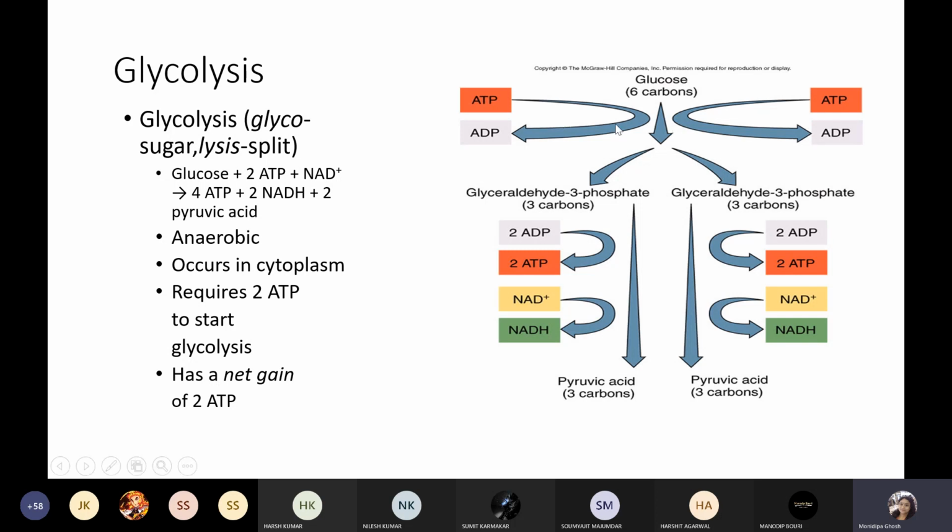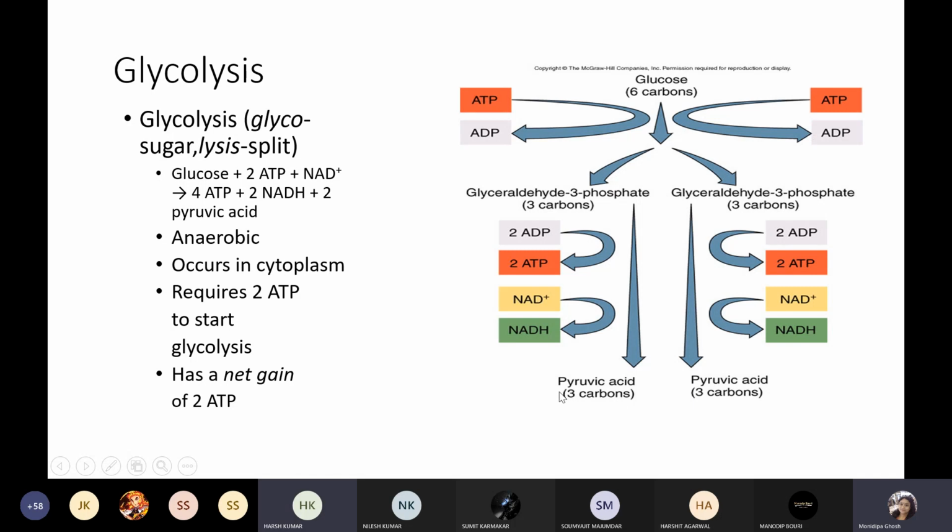Now after the investment of ATP, this breakdown happens and glyceraldehyde 3 phosphate is the middle product, and there also ATP is produced, 2 molecules of ATP are produced, the NAD is hydrogenated and NADH is produced.